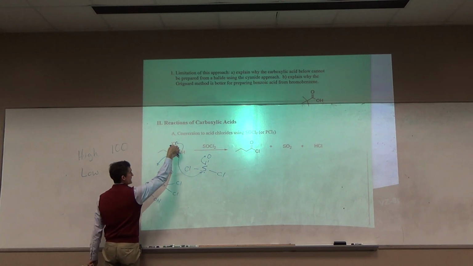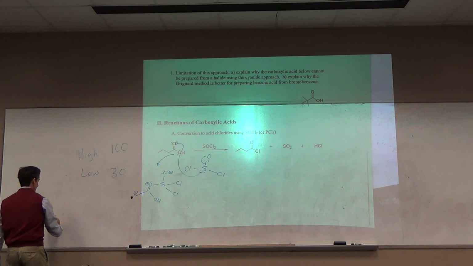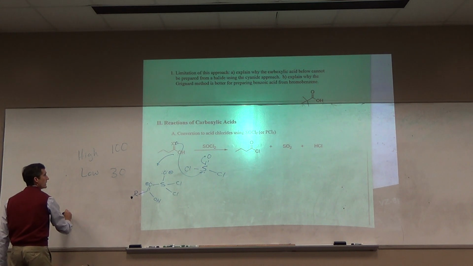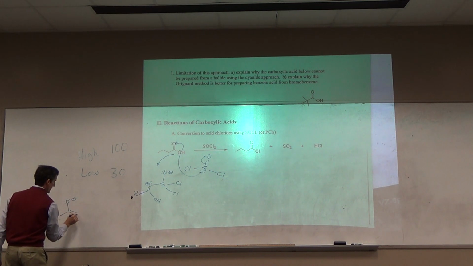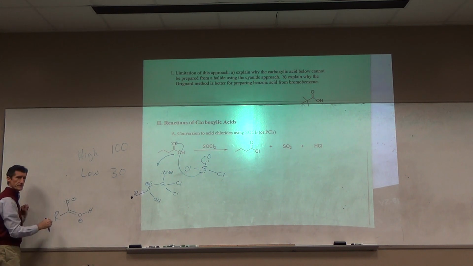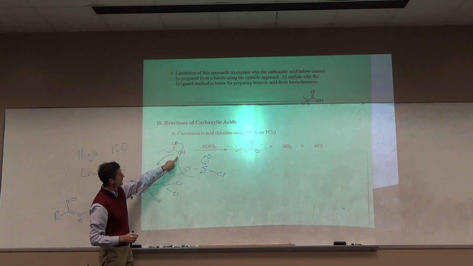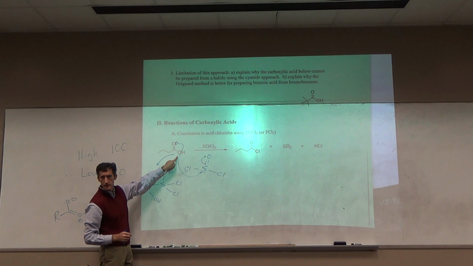Because if we could just do resonance here, these electrons here, resonance structure. These electrons here, electrons up. One of these lone pairs is conjugated.